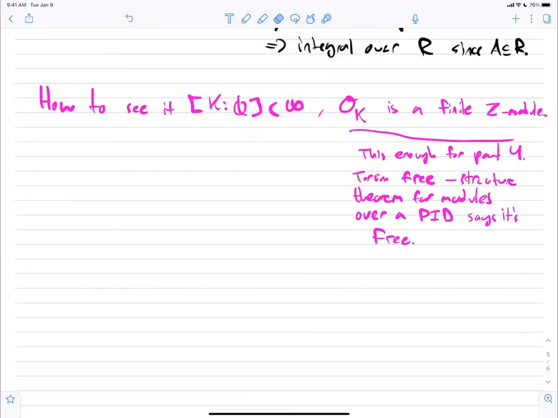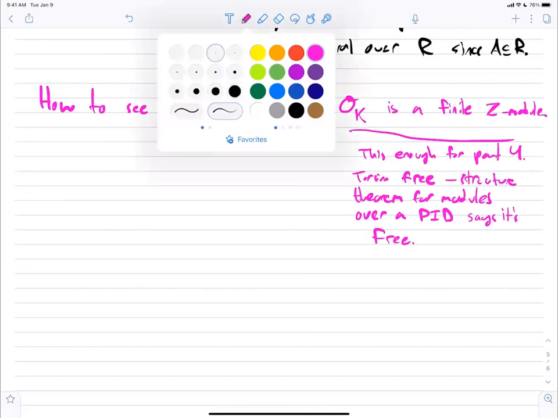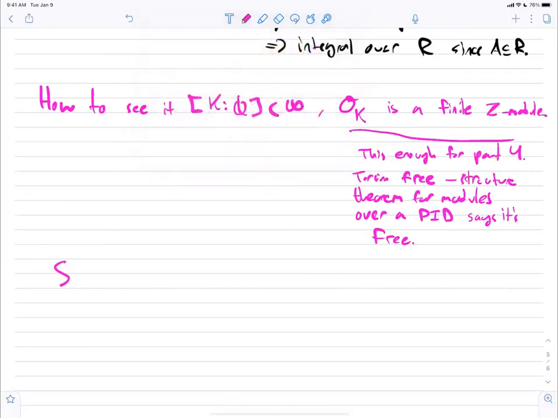We have to see O_K is finitely generated. And again, as I said at the start, this is surprisingly subtle.